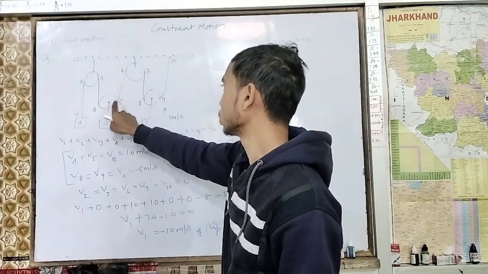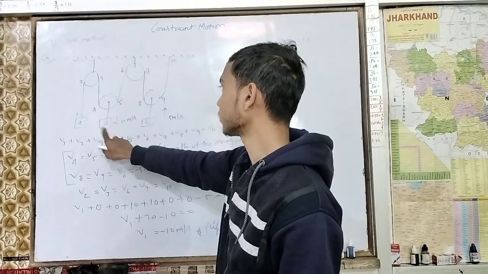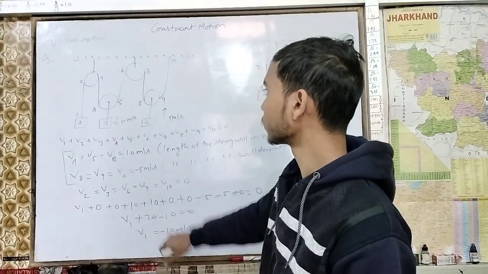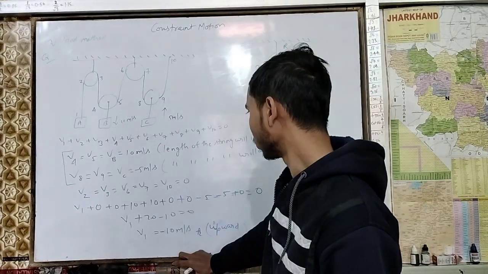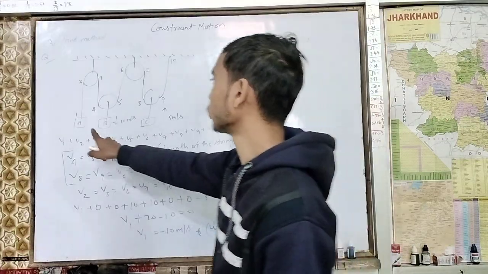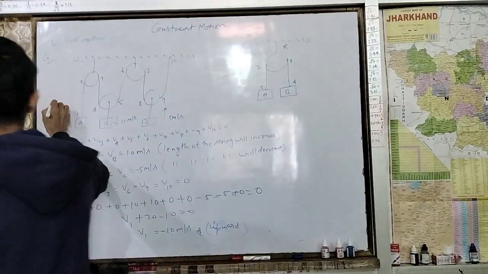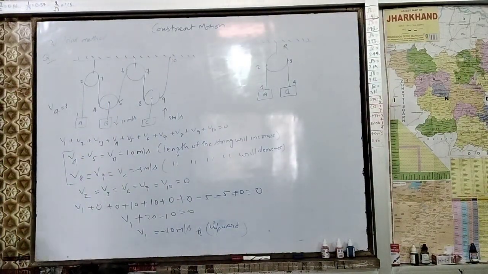Velocity of A is equal to velocity of 4 is equal to velocity of 5 is equal to VB. Same with this, velocity of C. And just put the value of each velocity, then say what is going to be velocity of A, velocity of B, what will be your answer? That is all you will solve.